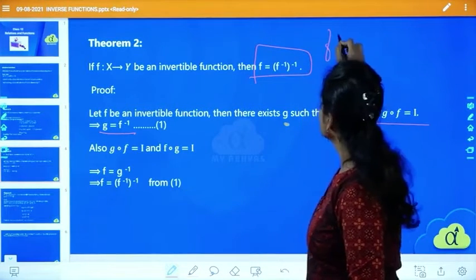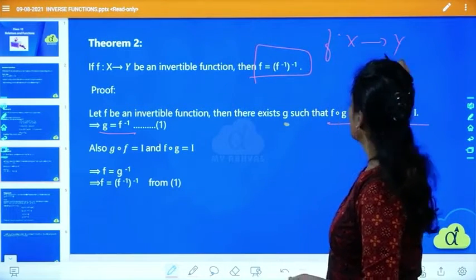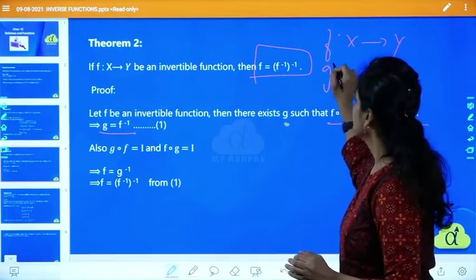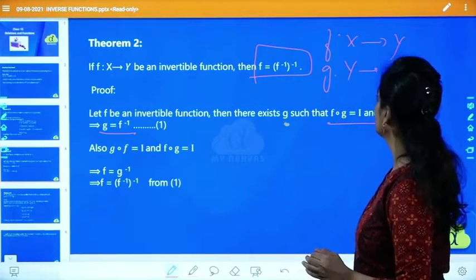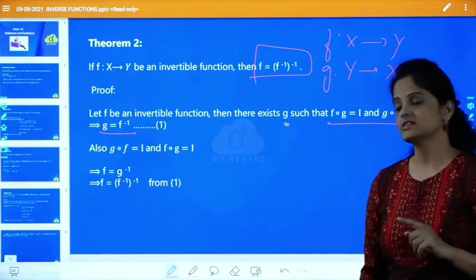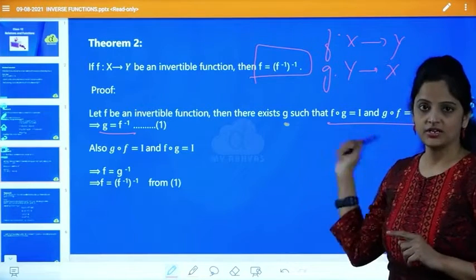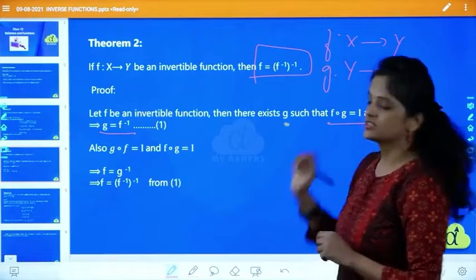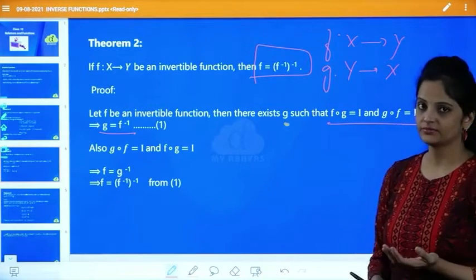F is a function, suppose it is from X to Y. According to the definition, I am getting one function where I am taking the mapping from Y to X. Since that is satisfying this condition, F composition G and G composition F, I can write that this G is nothing but inverse of F, correct?